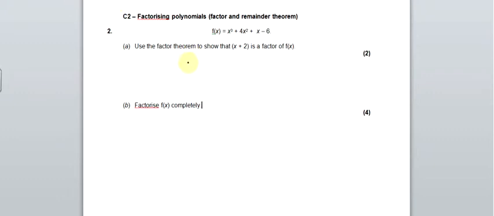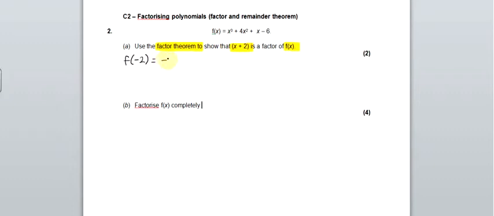Now, use the factor theorem to show that x plus 2 is a factor of f of x. So that's very straightforward. We are just going to substitute the number minus 2 in. So f of negative 2, and if it's a factor it should turn out to be 0. So let's give that a go.